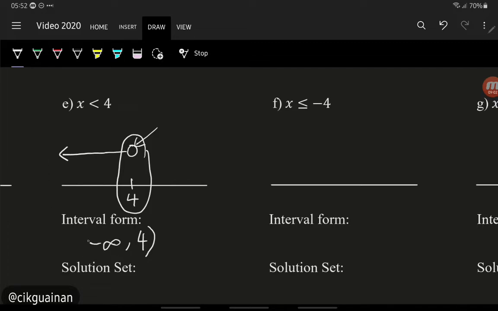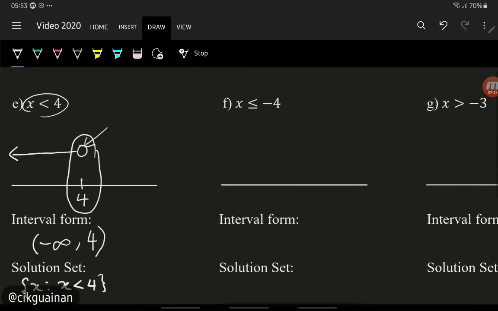And for infinity, whether it's positive infinity or negative infinity, we use an open bracket, because we cannot pinpoint where the value of infinity is. Infinity is just a concept. The number is too big or too small for us to understand. Now for the solution set, just copy paste this. So we open the set, x such that x less than 4, and then we close.